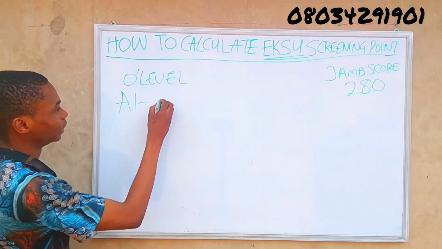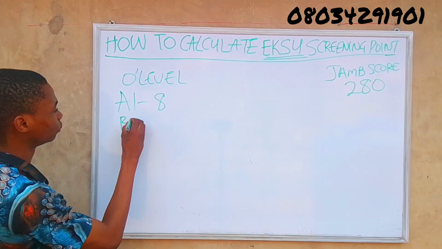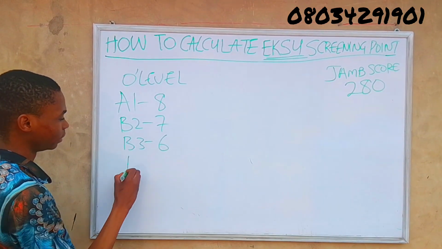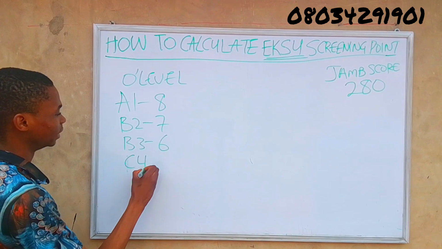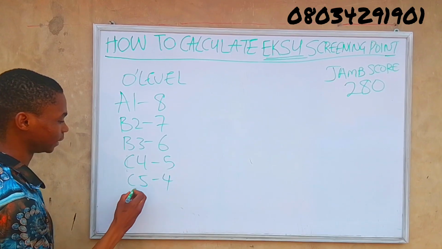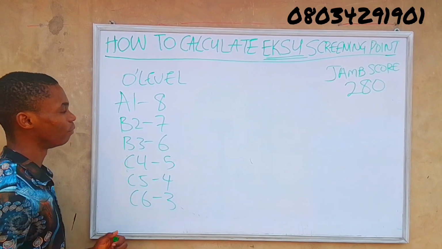A1 is 8 points, B2 is 7 points, B3 is 6 points, C4 is 5 points, C5 is 4 points, C6 is 3 points.